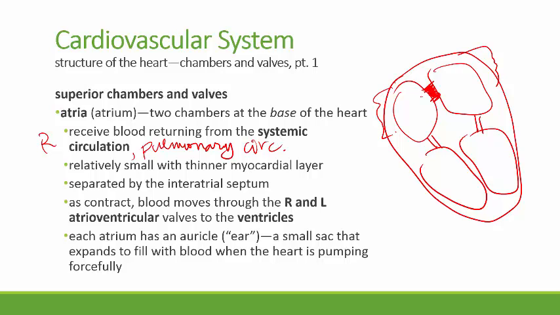If it's moving a lot of blood at one time, then that can allow it to expand ever so slightly. The valves here between the atria and ventricles are the right and left atrioventricular valves. We'll give them some other names later on. You've already learned many of those, so that's not hugely important right now.